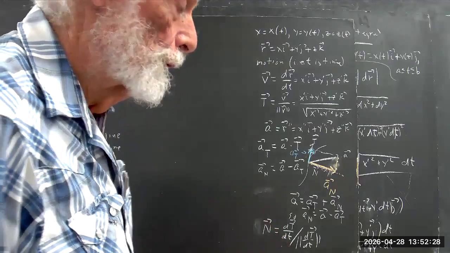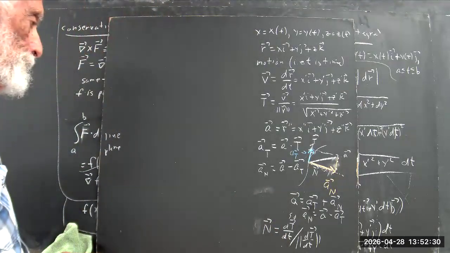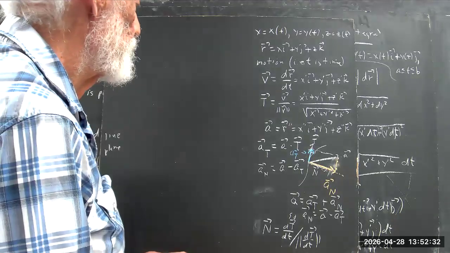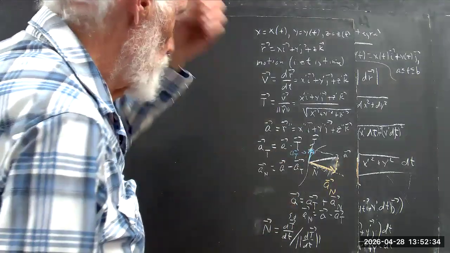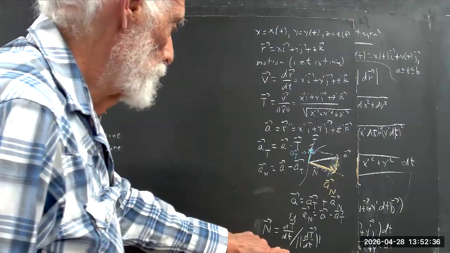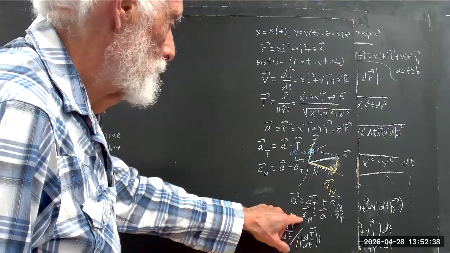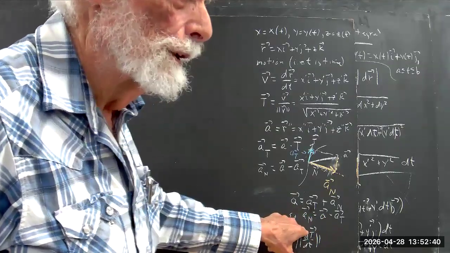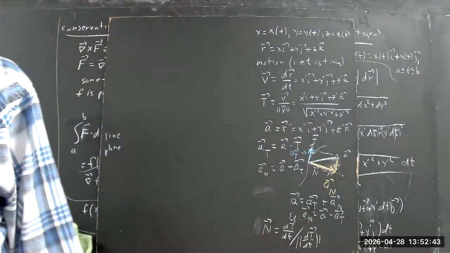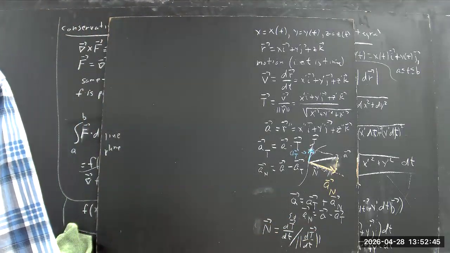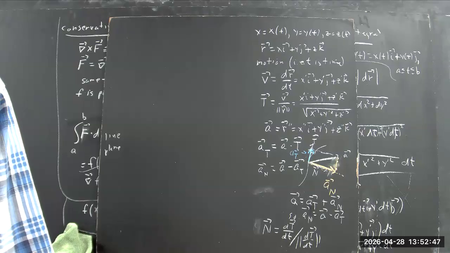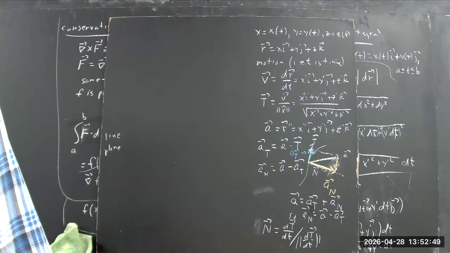It's a bit of a calculation to do that, and it gets pretty messy. So you can actually calculate your normal vector by this formula, but this is really a whole lot easier and more geometric.